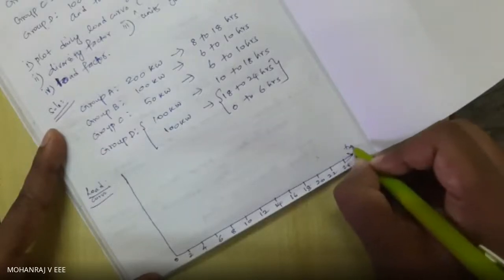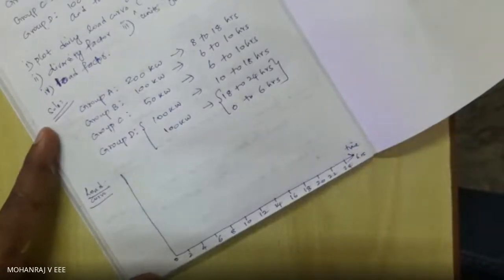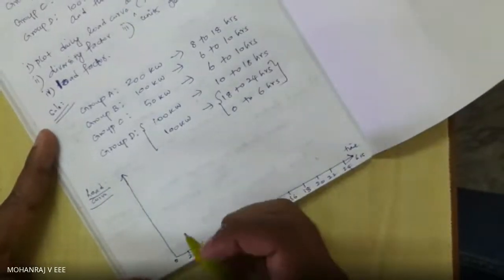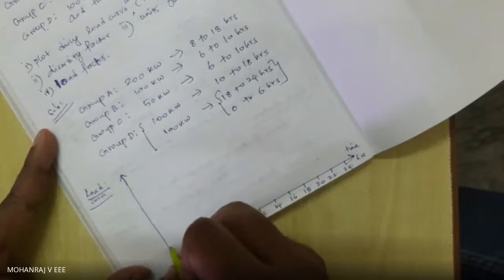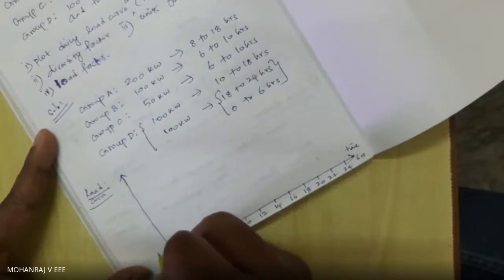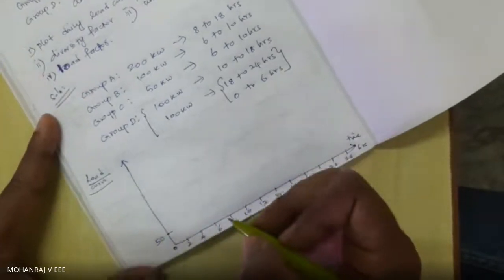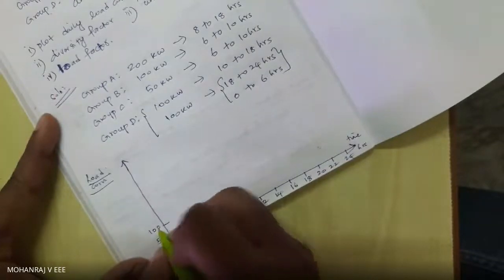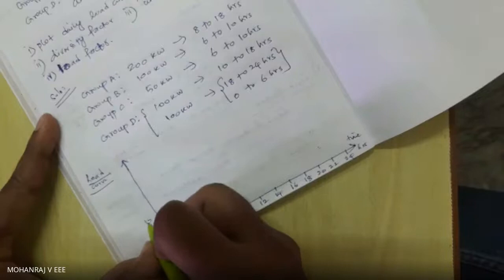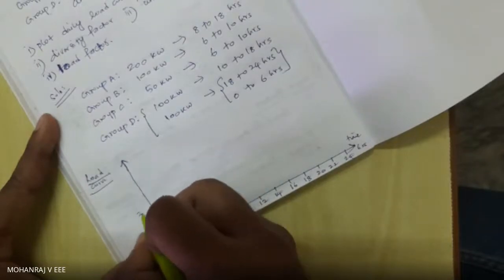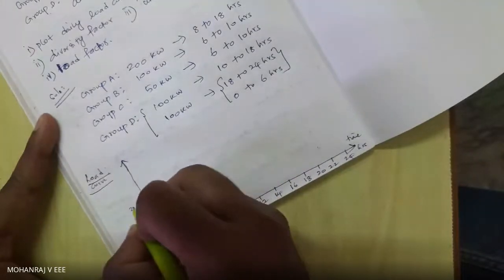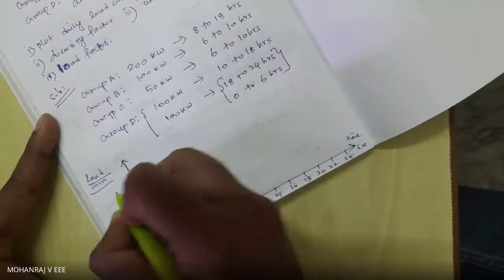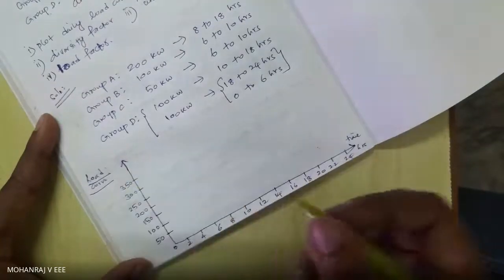On the y-axis, we take 50, 100, 150, 200, 250, 300, say 350.